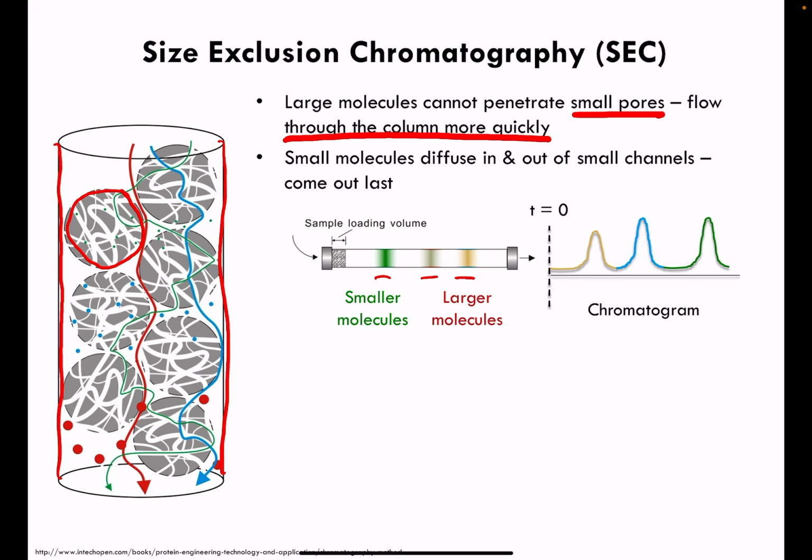Conversely, you might expect that small molecules would be able to diffuse in and out of small channels or cul-de-sacs or pockets in the packing material and would therefore reside longer on each packing particle before eluting out of the pipe.